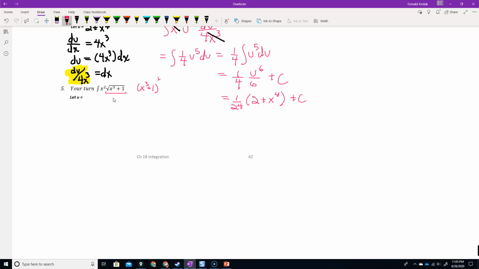So you think of that as x cubed plus 1 to the 1/2 power.